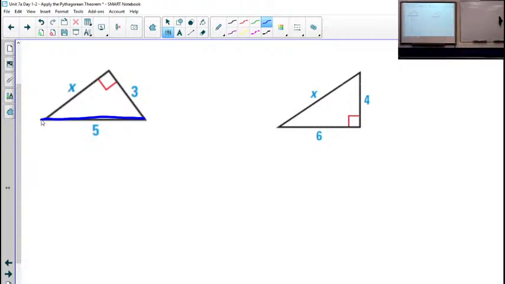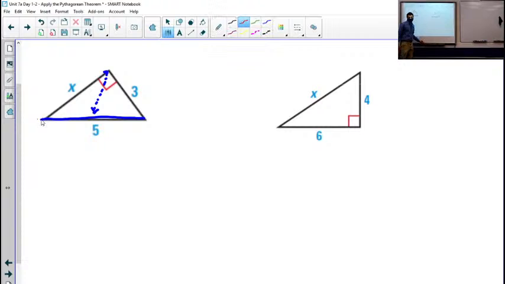Another way to see it, if you have trouble seeing it that way, is I'm standing right here at my right angle. I look across from that right angle, and there's the side I see. So that's my hypotenuse.